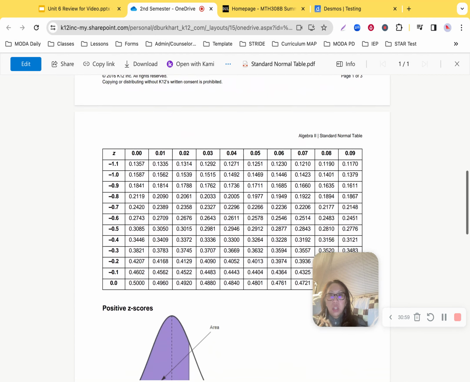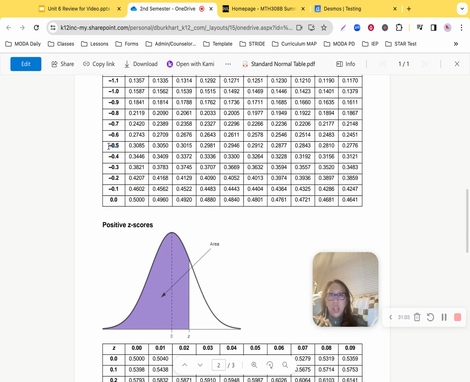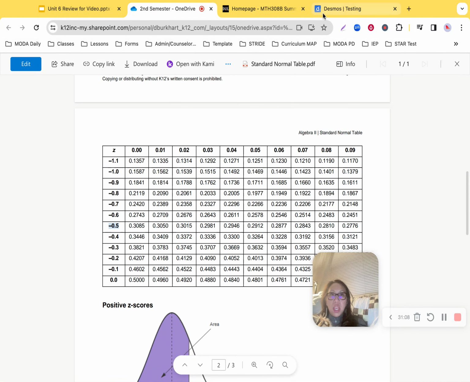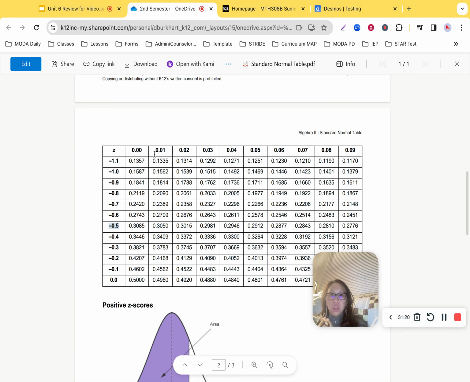So z of negative 0.5 is right here. And then looking at the hundredths place, or the second decimal place, which is 7, we're looking for 0.07 on the first row.